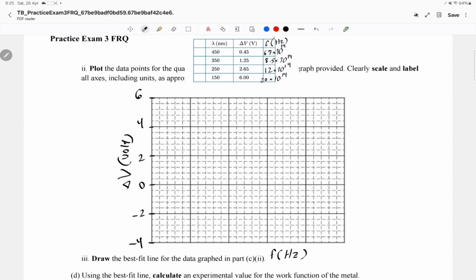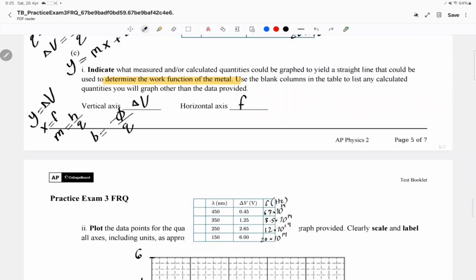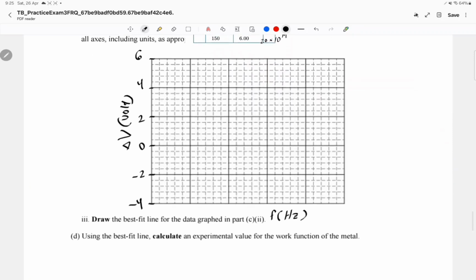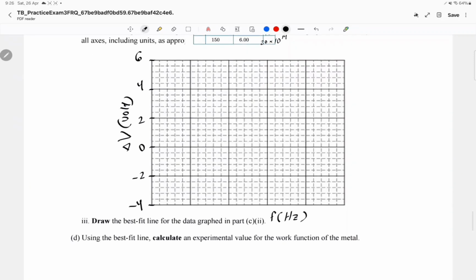Actually, why would we have a negative voltage, right? Actually, wait a minute. I can tell why. Because see how the y-intercept has to be negative? That means we actually have to go under the x-axis, so keep it as negative.